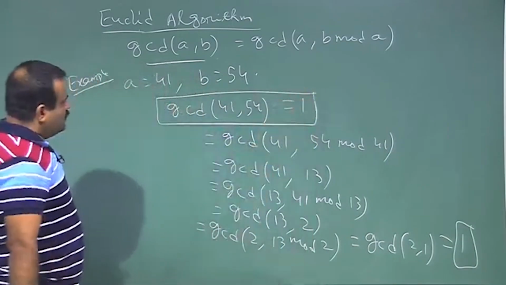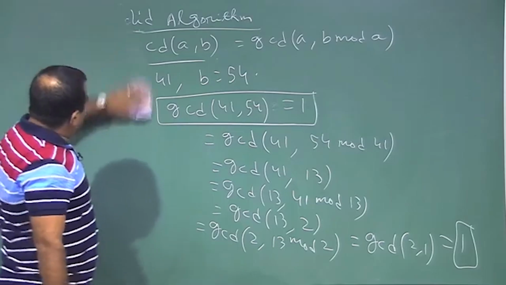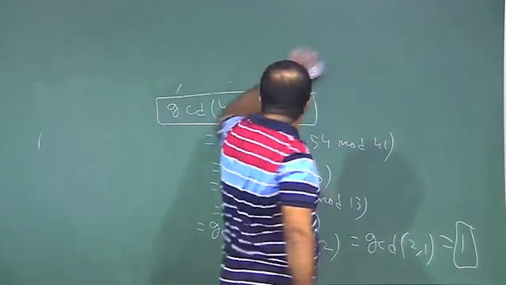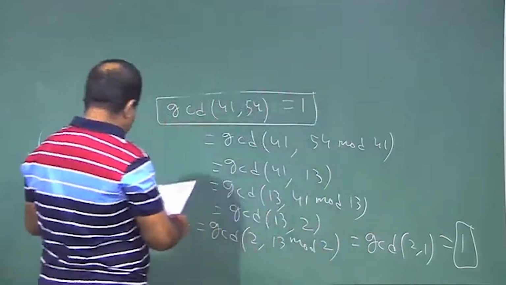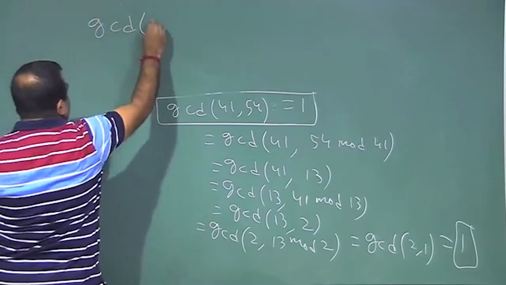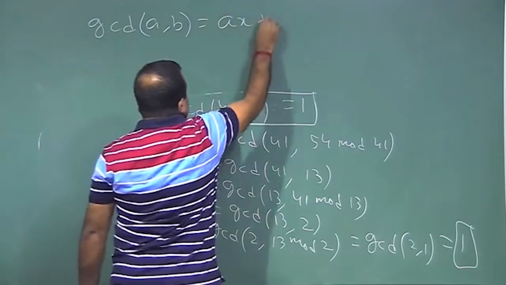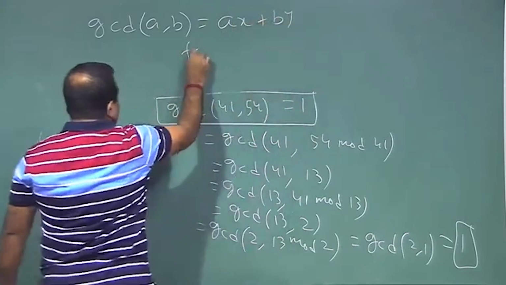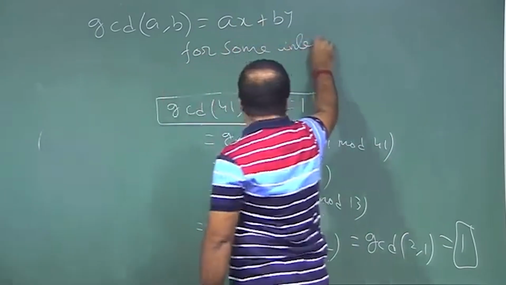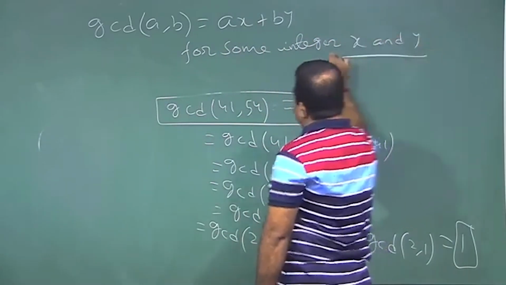Okay. Now we will prove a theorem: GCD of a, b can be written as ax plus by for some integers x and y.